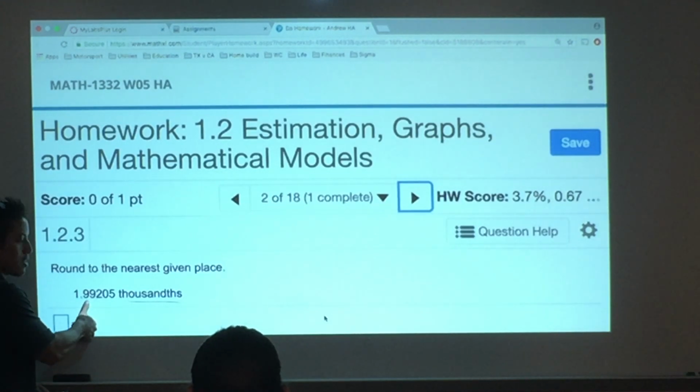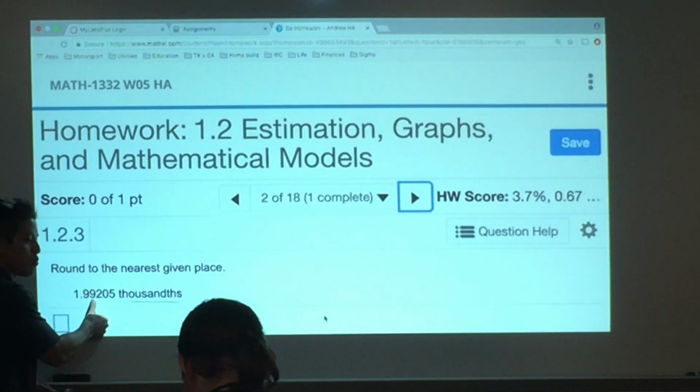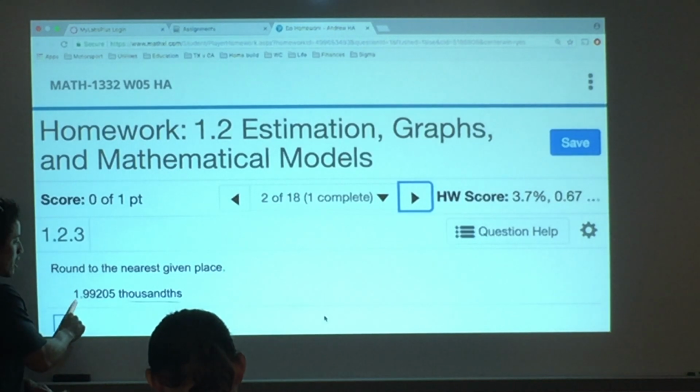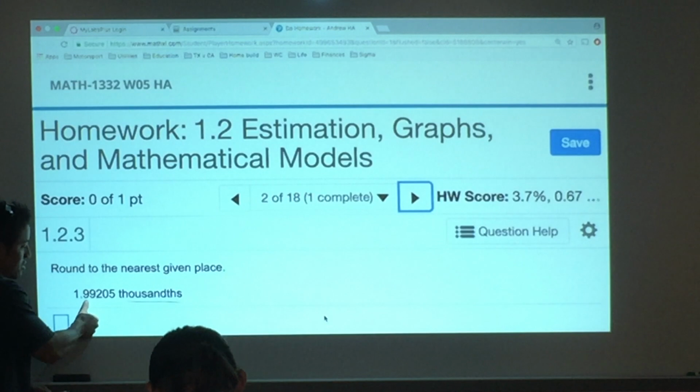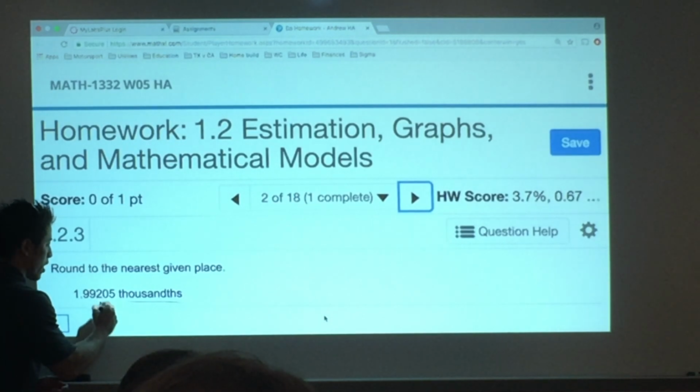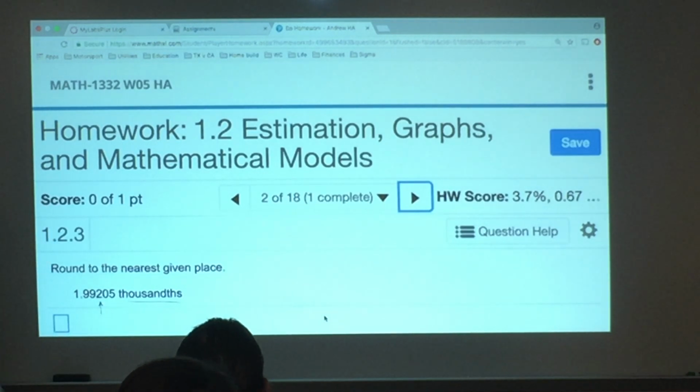So this first 9 is in the tenths place, the second 9 is in the hundredths place, and now things start to sound the same as the other way. Whereas here, when we're dealing with whole numbers, the very first one is the ones. But that's not the case with decimals. Tenths, hundredths, thousandths. So that too is where we're looking to round to.